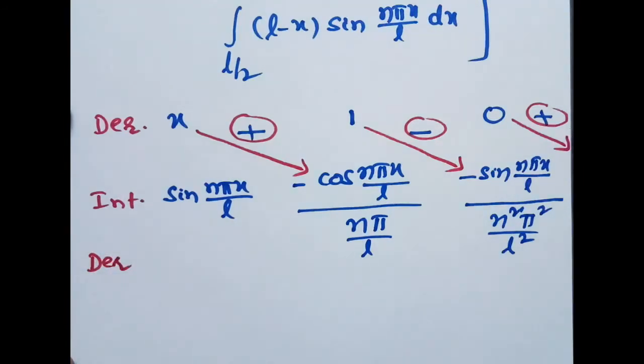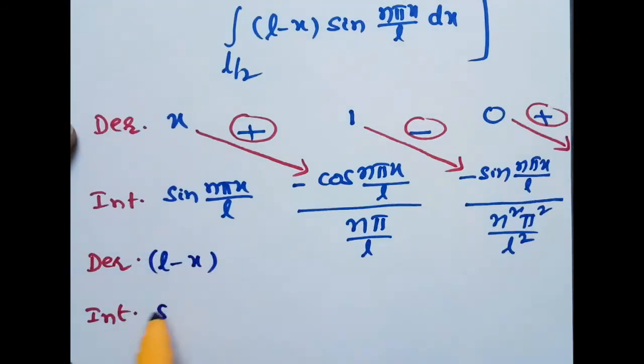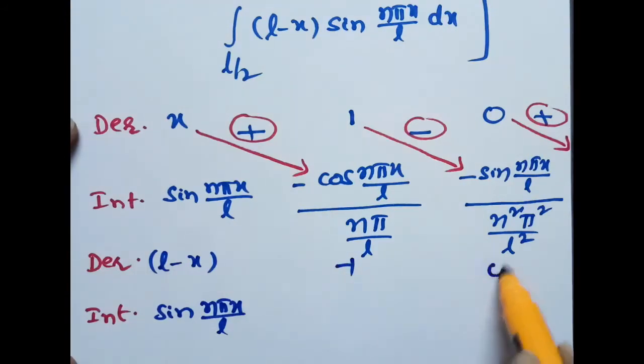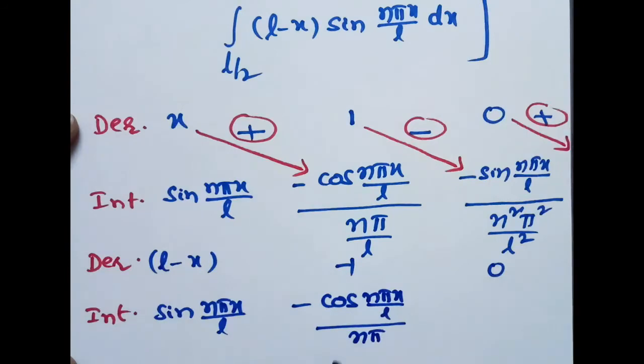The derivative of L minus x is minus 1, then 0. The integration of sin n pi x by L is the same: minus cos n pi x by L divided by n pi by L, and again minus sin n pi x by L divided by n square pi square by L square.